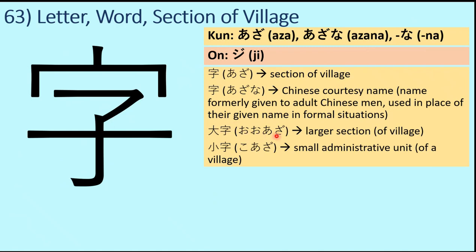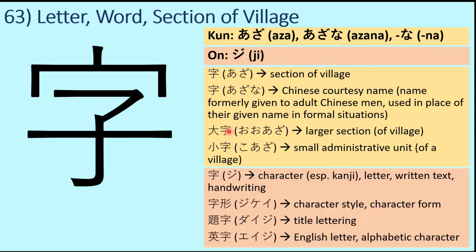So Owaza means larger section of the village. And this symbol is for small. So the pronunciation of this is Koaza, which means small administrative unit of a village. So this is the larger section, this is the smaller section, and thus this symbol represents large and this symbol represents small. So we have done both these symbols, and today we are doing this symbol.